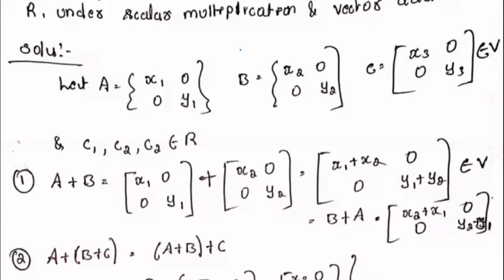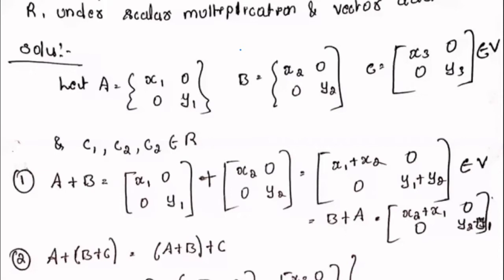B is [x2 0; 0 y2] and C is [x3 0; 0 y3]. We assume they belong to that vector space, and C1, C2, C3 are real numbers belonging to R.